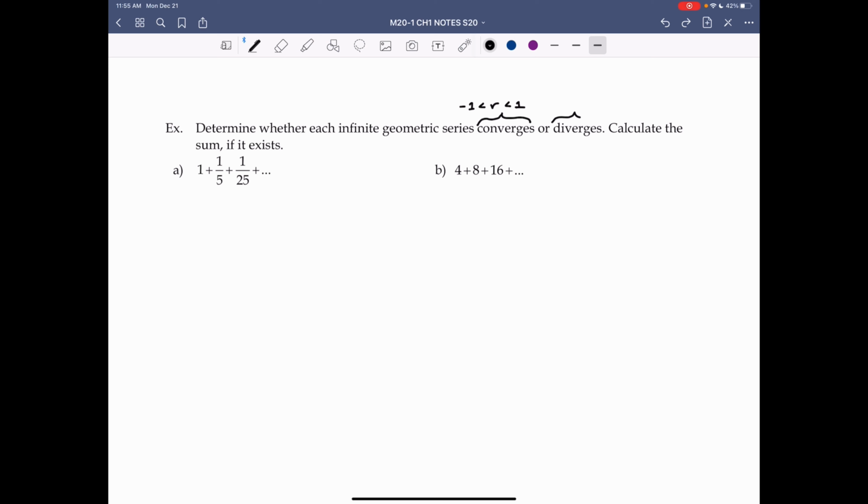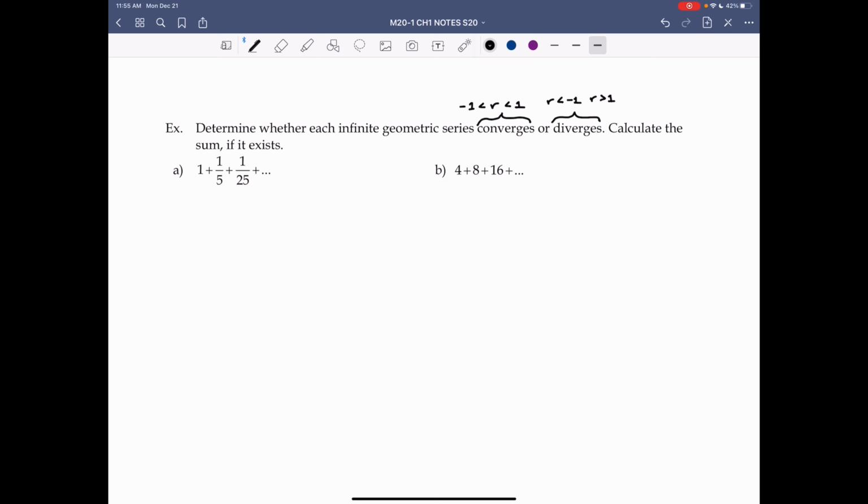If R is outside of that range, so if R is less than -1 or if R is greater than 1, then the series diverges. If it converges, it has a sum. If it diverges, it does not have a sum.